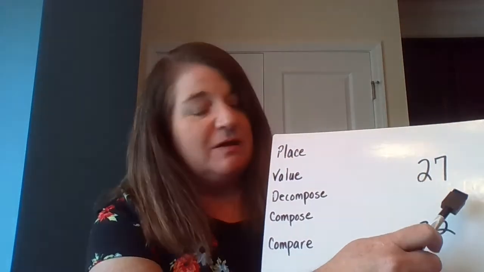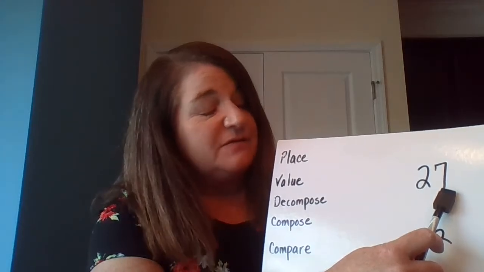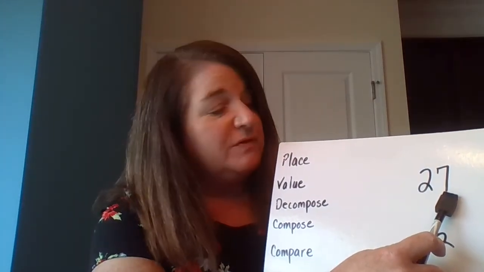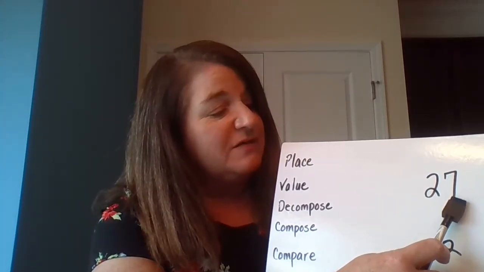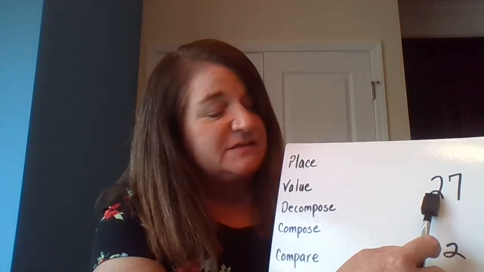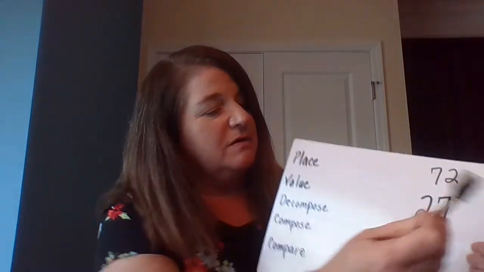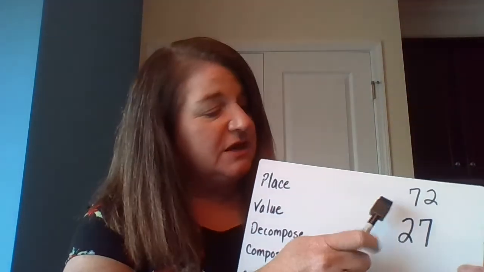So let's look at that with our example of 27. In this place, the value of the 7 we know is 7 ones. What if that 7 changed places? So what if the 7 was in the tens place? So if we had a number with a 7 here, and let's switch them around. A 2 there. Did the value of my 7 change?